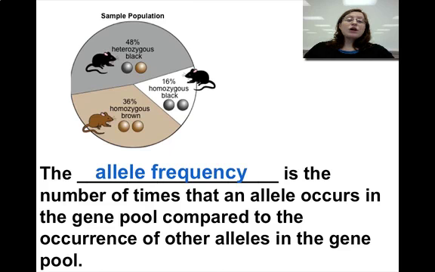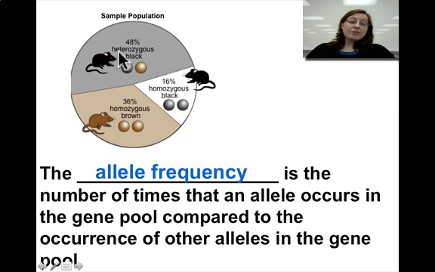Okay? So when we look at all these alleles, we can count up how many there are, and we can measure them relative to the total number of alleles within that population. And remember, this is at one gene. So the allele frequency is the number of times an allele occurs in a gene pool. So here, for example, we have a sample population.